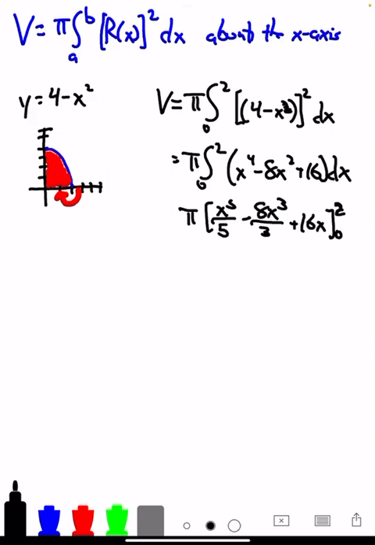Now, what do we need to do? We need to plug this in. This is going to be what? 2 to the 5th over 5.